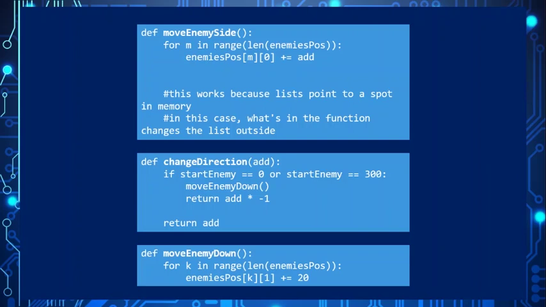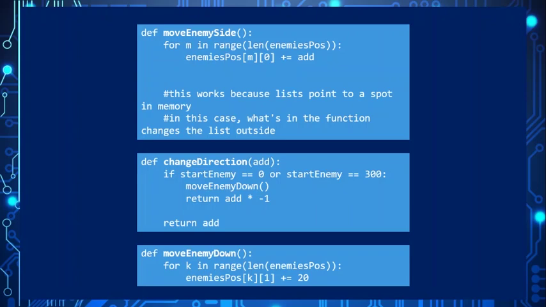You also need to change the direction that the enemies are moving in, and that's why you multiply add by -1. This means that if you were originally moving to the right, which means that you're adding, since you're multiplying add by -1, you're going to be subtracting. With the same logic, if you're moving to the left, which means that you were originally subtracting, and you multiply by -1, you're going to be adding. If you haven't hit either wall yet, you just return the original add value.